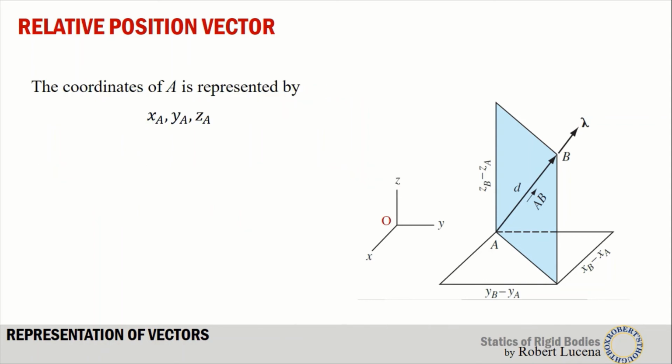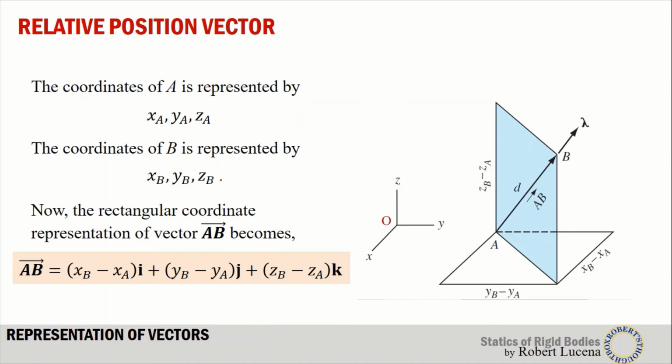Now the coordinates of A are represented by XA, YA, and ZA. So if you try to write the coordinates of A, you have this one, and the coordinates of B is this one. So let's have the coordinates of vector AB. To get vector AB, it is simply by subtracting the X, Y, and Z coordinates of the two points which the vector passes.